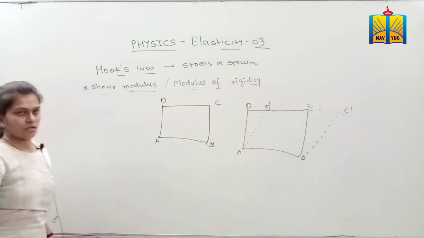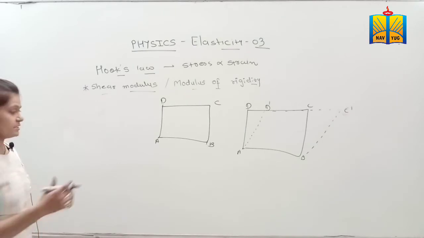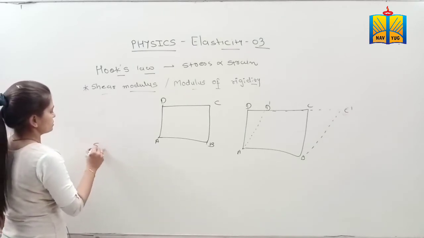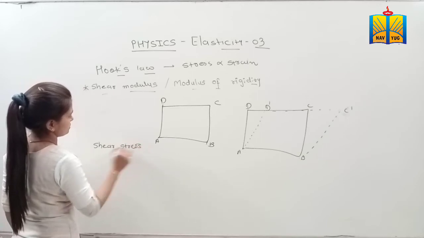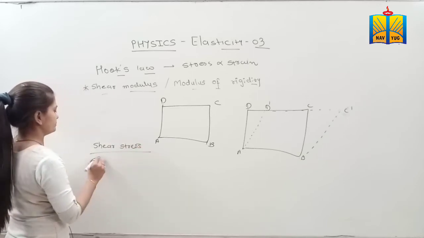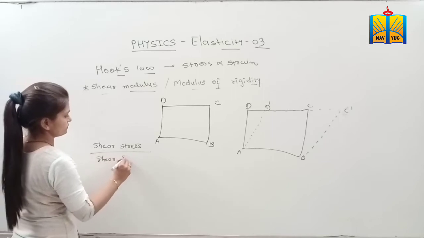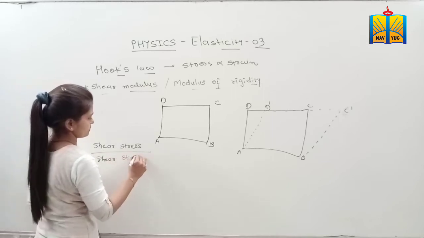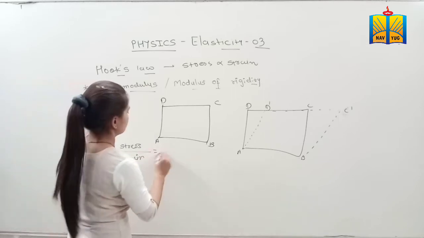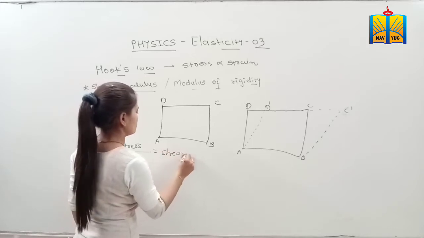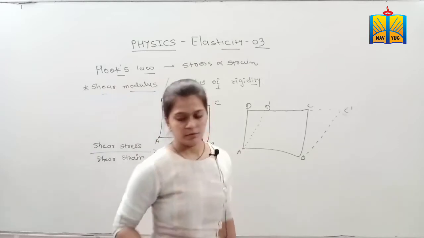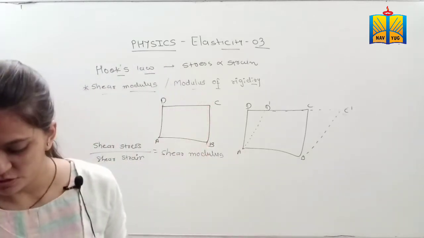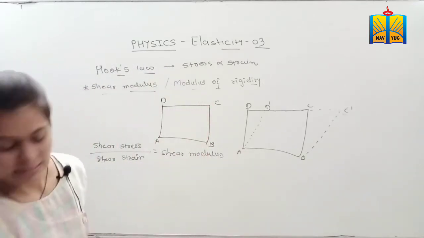Okay. Now, the equation is same as before, that is shear stress divided by shear strain is equal to shear modulus. And we can denote the shear modulus as eta.